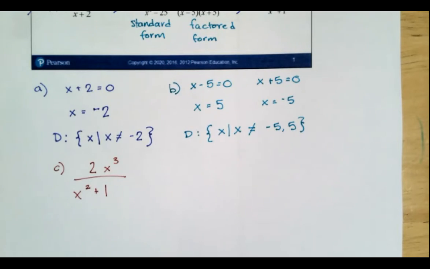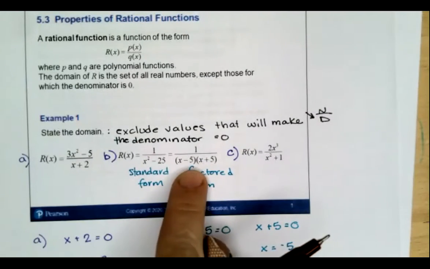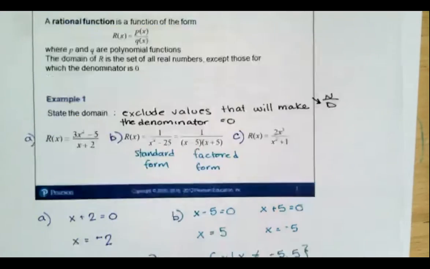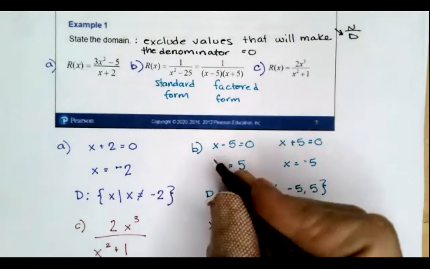It might come to you, right? Like this one came to you, it's just -2. This one's +5 and -5. This one, if it's not just coming to you, you can just set it equal to 0.